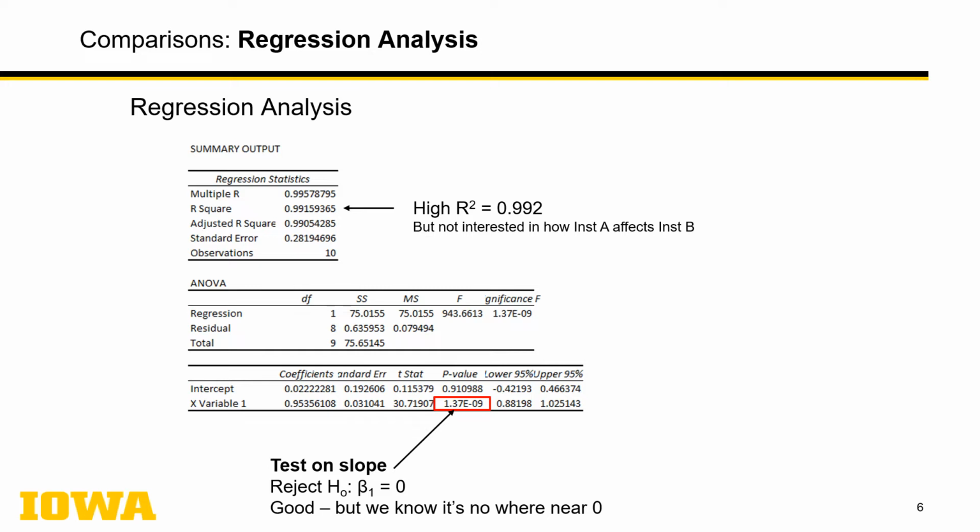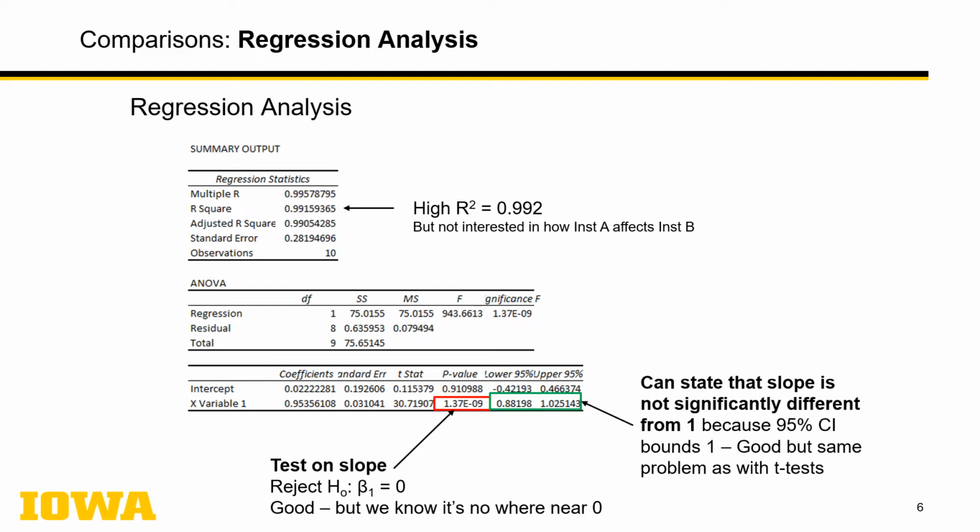Now what about the slope? It's very close to 1, again, which is good. And you could look at the p-value on it, which again is a test as to whether beta 1 is equal to 0, which again, we would expect it to be nowhere near 0, therefore not much information there. So maybe we could look at the confidence interval, and this is actually done, and it's not a bad way to go.